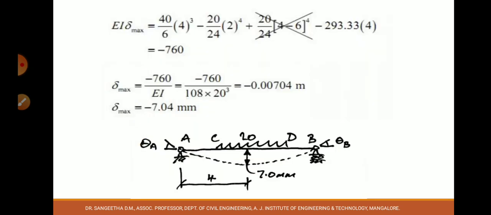But EI value, you know, that is 108 into 20 cube. So, substitute that E into I, then you will get the value, and upon substituting with the proper numericals, you can end up with maximum deflection found to be 7.04 mm, and the negative sign indicates it is downward deflection. So, that is how it is for a UDL.